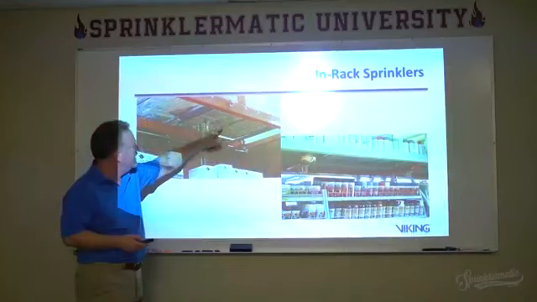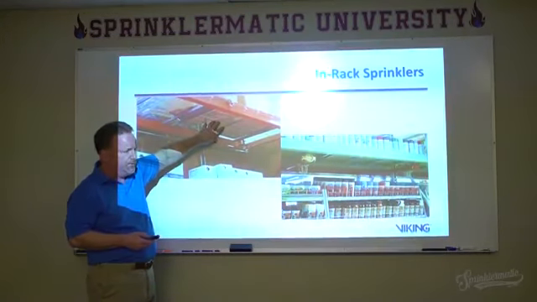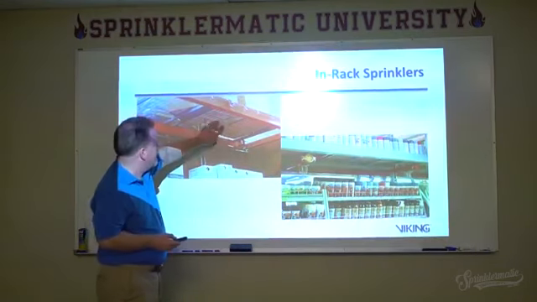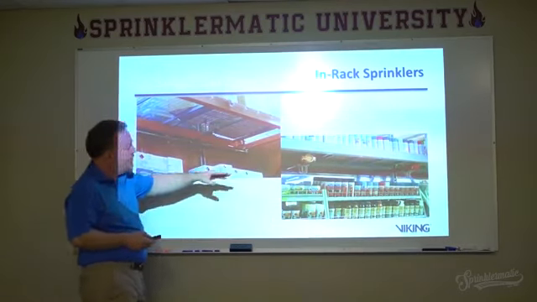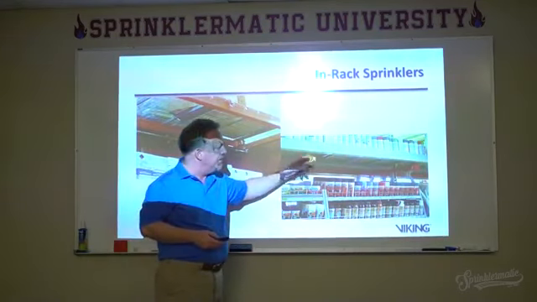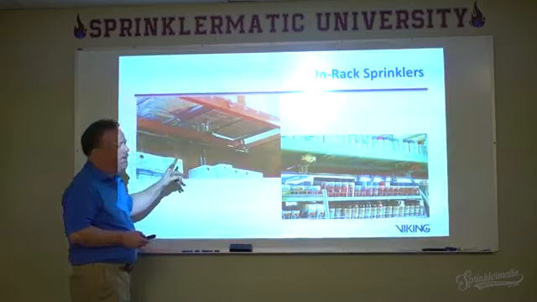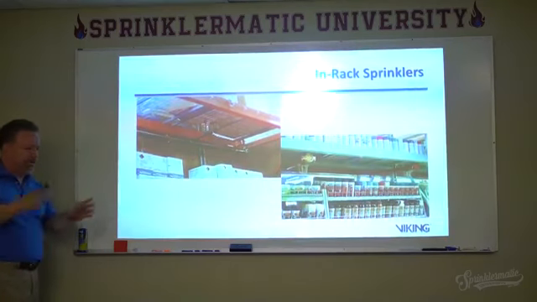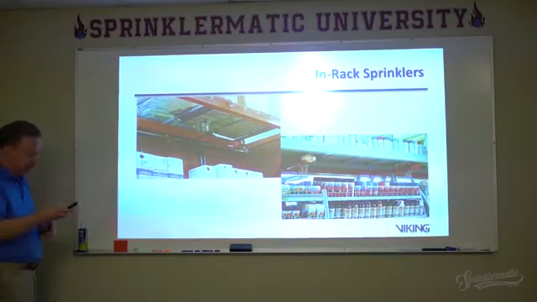You don't often see one that's really above the load right here, because that can get kind of dangerous as far as getting damaged. But in this case, they're using one here, they're putting one there as well. But normally you see one here in the face of the rack, or you can have them installed in those flue spaces, at the intersections or portions of the intersections of the longitudinal and the transverse flue spaces.